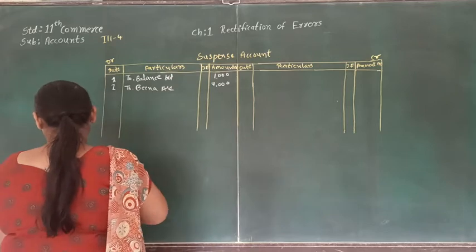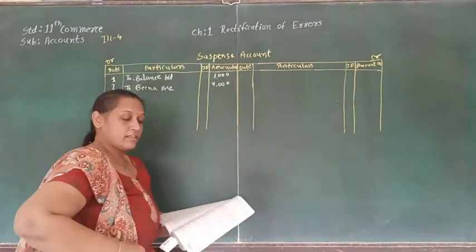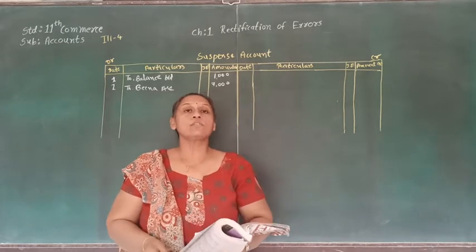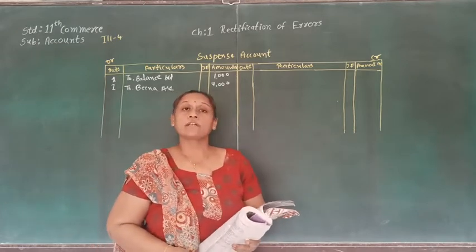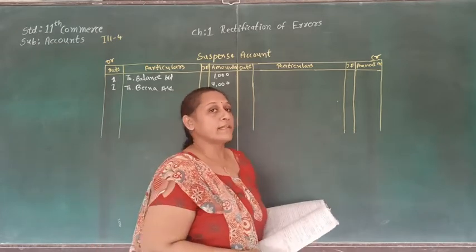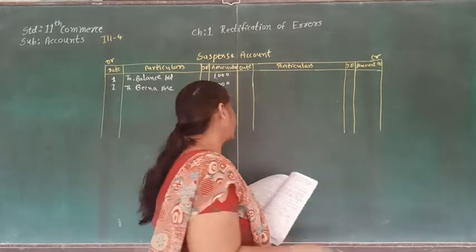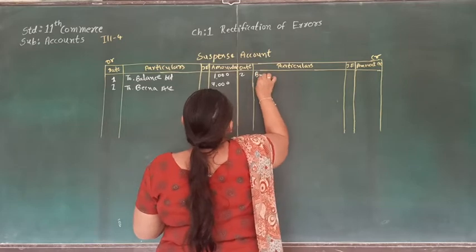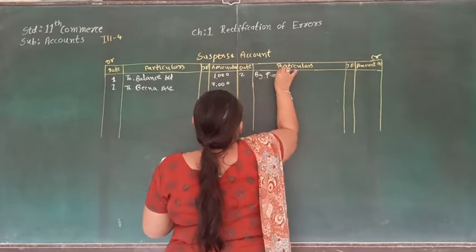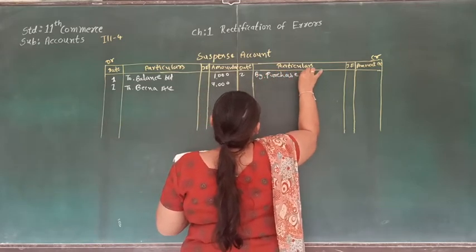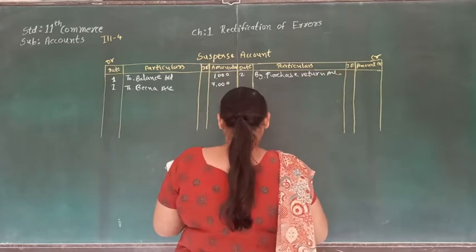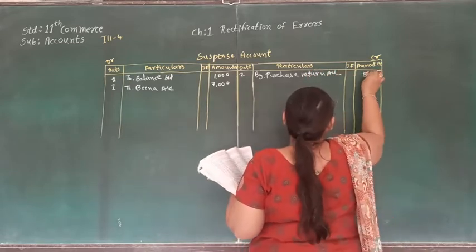Then on the second day, we can see that purchase account is debited to suspense account. So on the credit side of the suspense account, we will write by purchase return account, and the amount is 800.